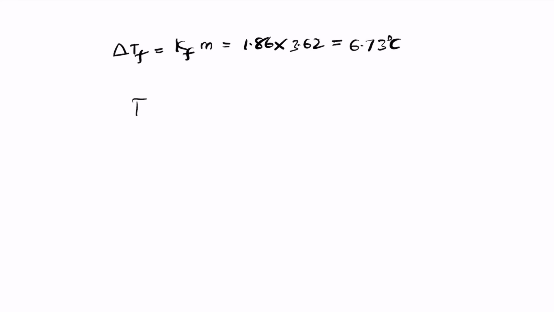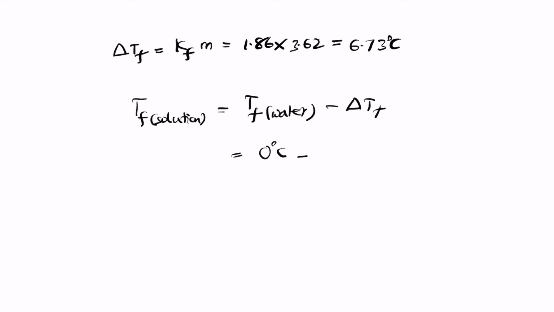Now Tf of the solution becomes Tf of water minus ΔTf. We know that Tf of water is 0 degrees centigrade, and remember this is a depression, so it's minus 6.73 degrees centigrade.